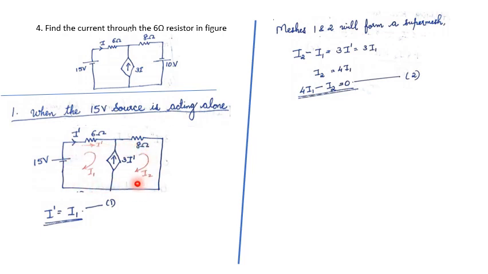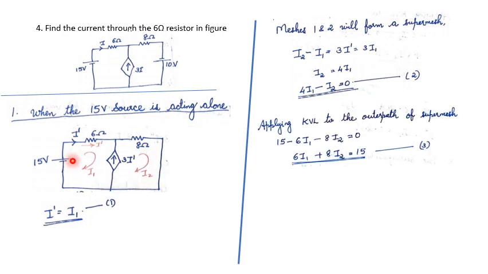So we consider this loop and apply KVL to it. The equation will be 15 minus 6 into I1 minus 8 into I2 is equal to 0.